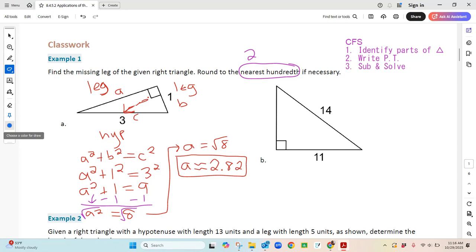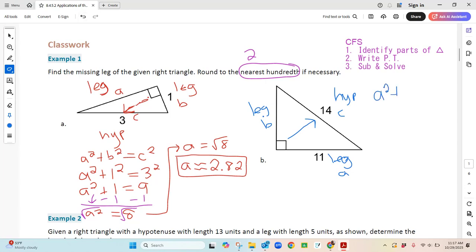First, find the hypotenuse. Next, label your legs. After you've labeled your legs and hypotenuse, write the Pythagorean theorem.